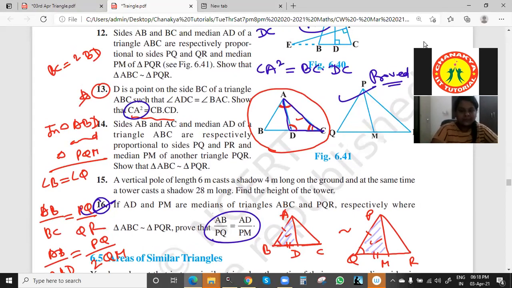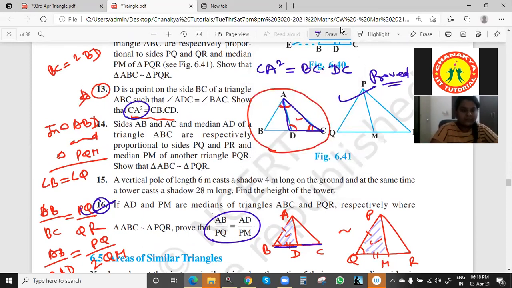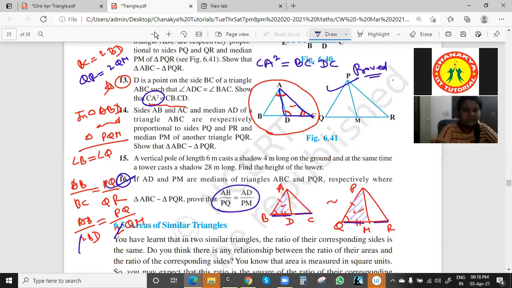BD equals CD, because AD is a median, so BD will equal CD, and PM is a median, so QM will be equal to MR, and we can say QR equals twice of QM. Same thing we have written here, and now we can cancel. We got AB by BD equal to PQ by QM, and the angle between them, angle B equal to angle Q.